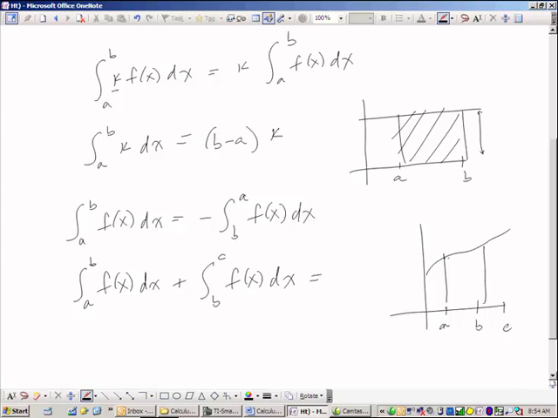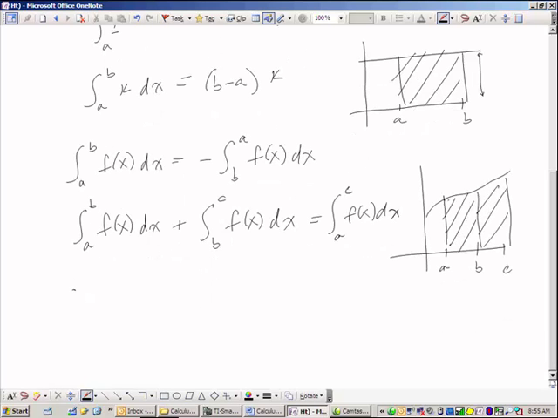If we take the area here and the area here, we can say that quite simply as just find the area from A to C. So, in many respects, the definite integral behaves as area. You can add up two areas to get the area of the whole thing. Alternatively, if you have the definite integral from A to C, you can break it up into two parts, if you'd prefer. Okay, you can break it up into parts, and that's okay as well.